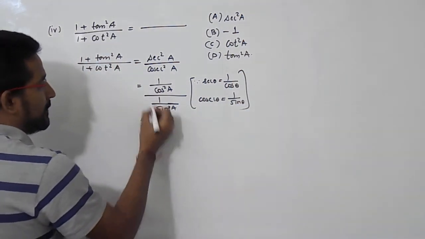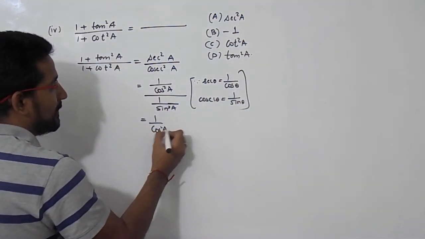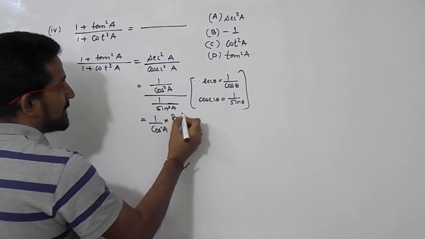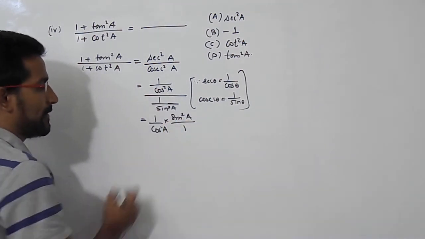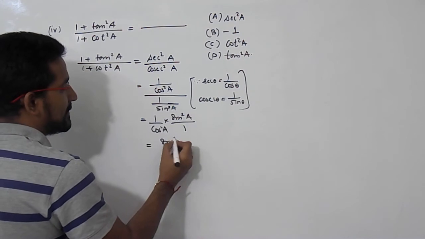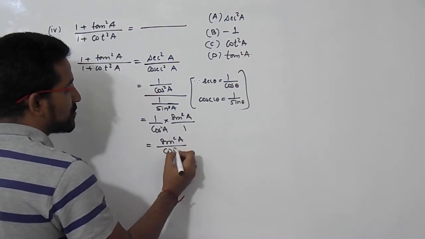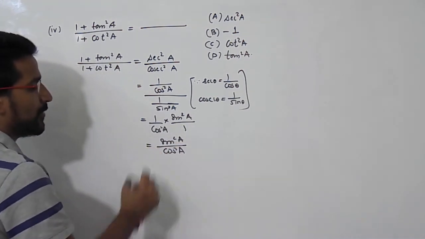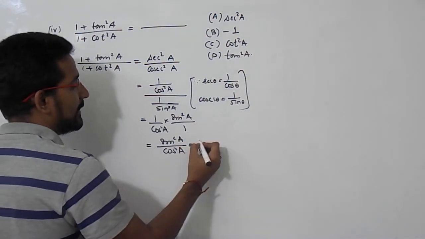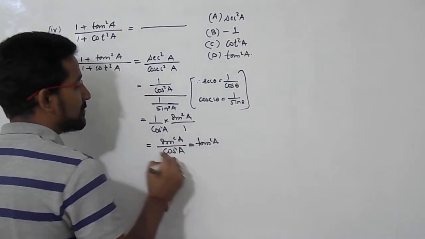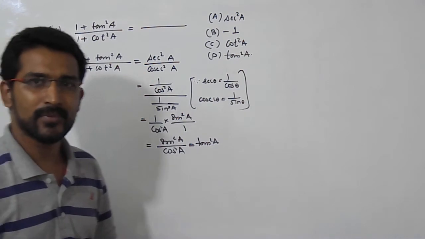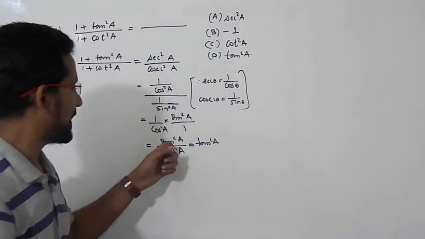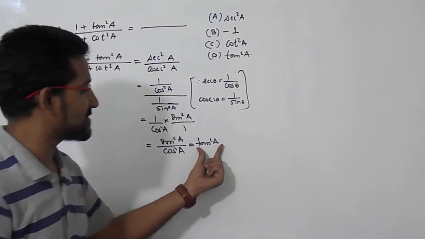Now 1 upon cos square A, this will get reciprocal, so sin square A divided by 1. So 1 into sin square A, that is sin square A upon cos square A. Now what is sin square A upon cos square A? It is nothing but tan square A, because we know that sin upon cos is nothing but tan theta. So sin square A upon cos square A will be tan square A.